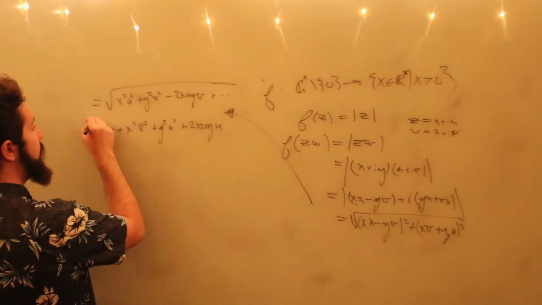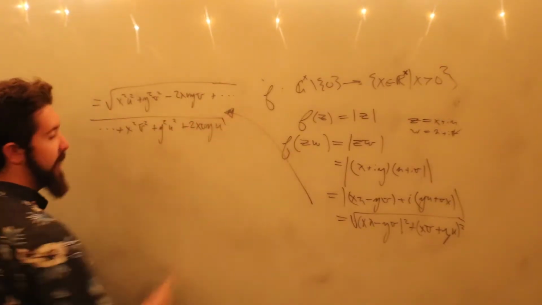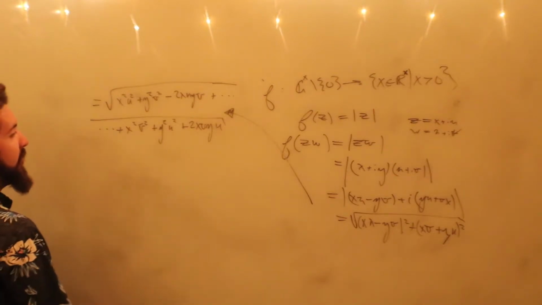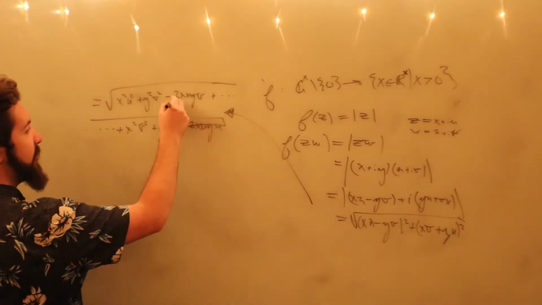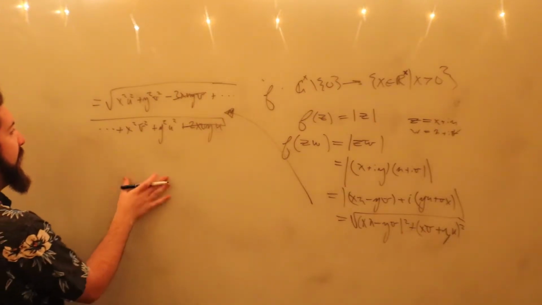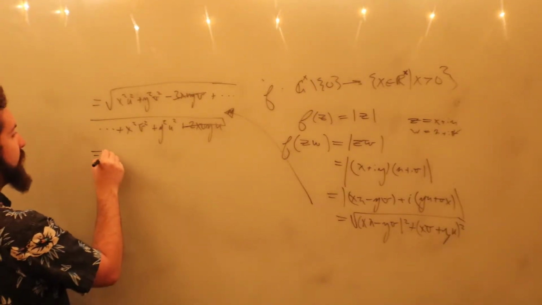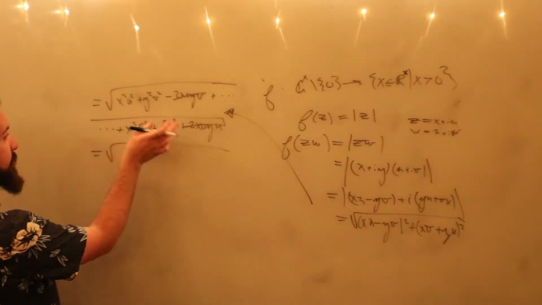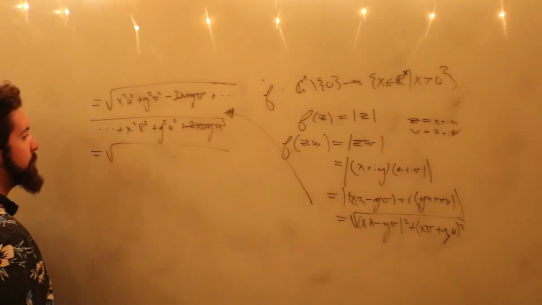So the square root continues and then ends. Now what we'll notice is that this is the same as this, so those cancel each other out, and then we're left with the square root of, and let's combine some terms.